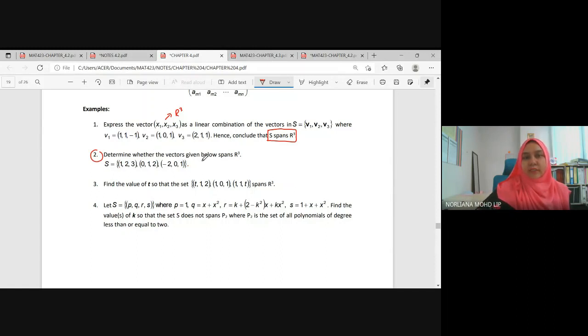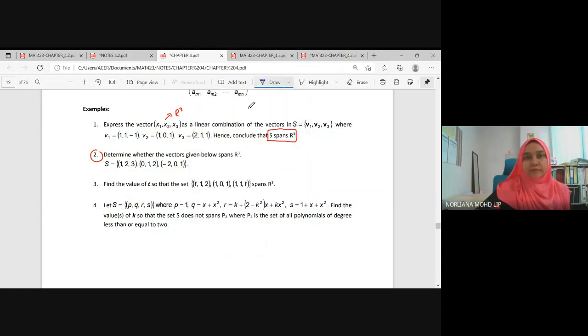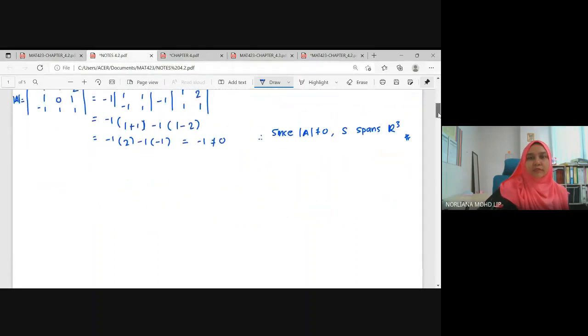Yang ni pun dapat determinant lah. Kalau you masukkan dalam equation dia kat sini, ni akan dapatkan X equal to C1, B1. Masukkan 1, 2, 3 plus C2, 0, 1, 2. Ni kalau kita pecahkan, kita boleh gunakan determinant lah sebab kita akan dapat square matrix yang kedua.